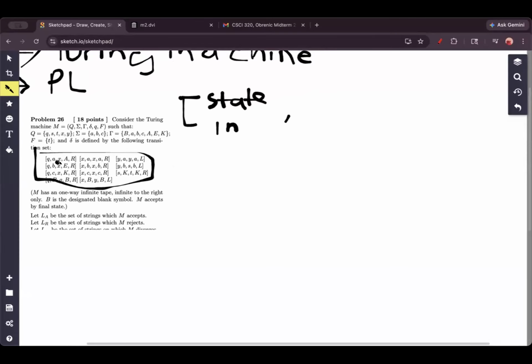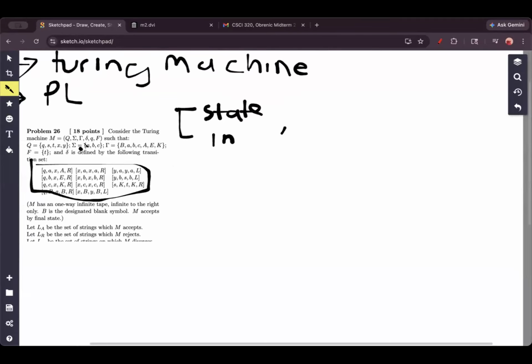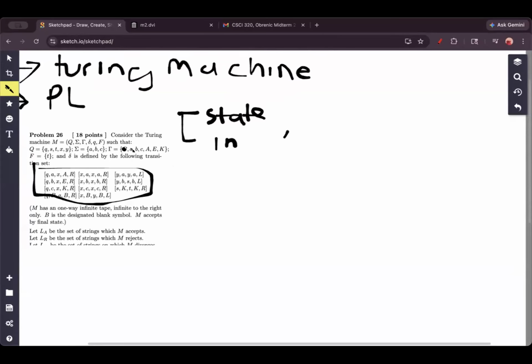So over here, it's an A, right? So this is the letter you see, the sigma that you see. You could also see the tape alphabet, which is basically everything you could see in sigma plus the additional uppercase letters and blanks.